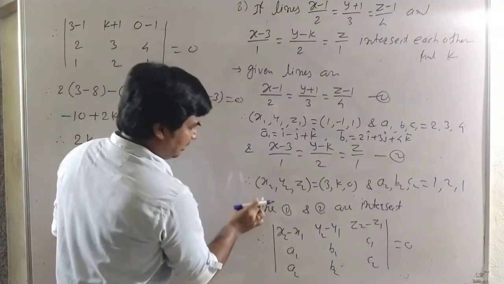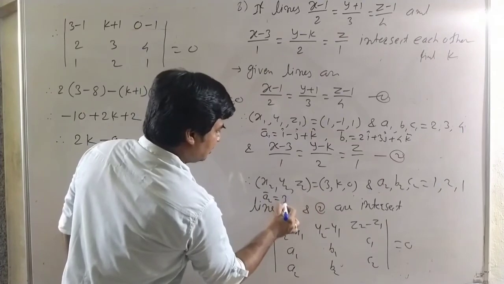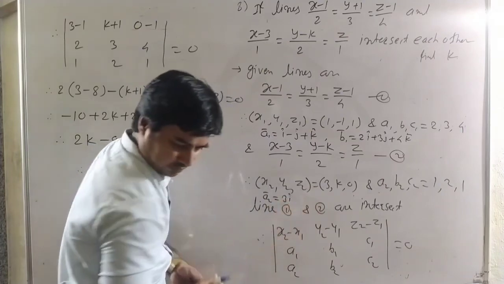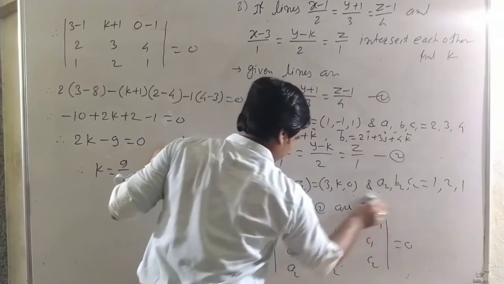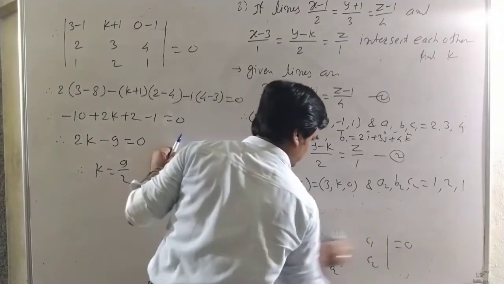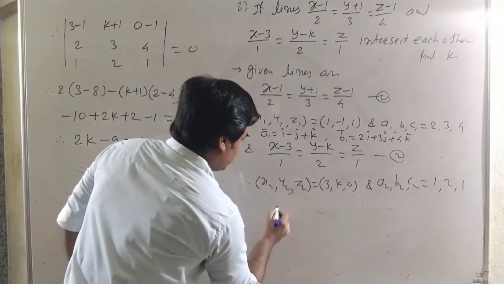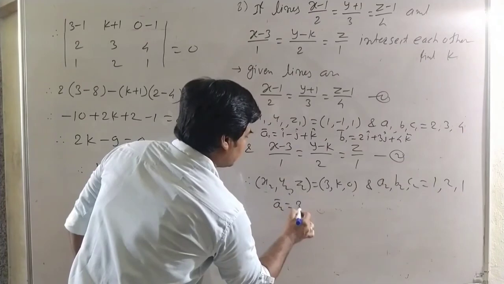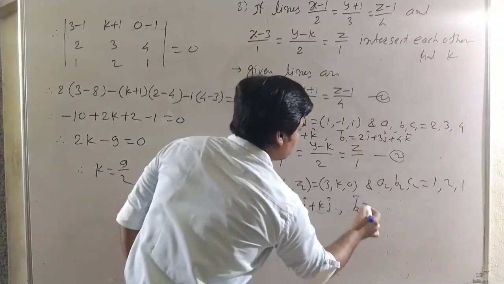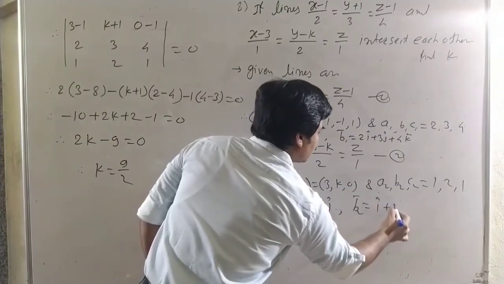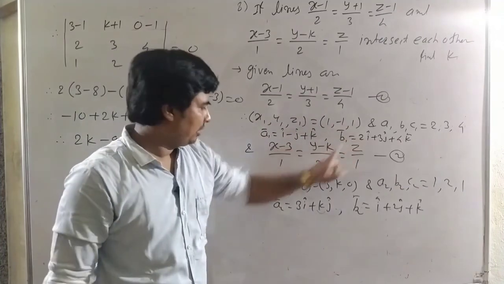And here a2 is 3i cap plus k j cap, and b2 bar is i cap plus 2j cap plus k cap.